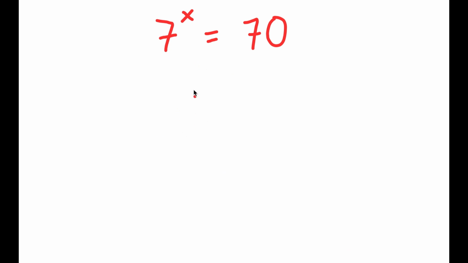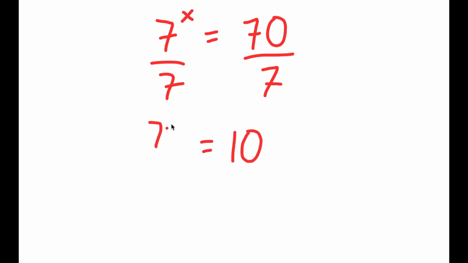Alright, so in this problem, I have 7 to the power of x is equal to 7 times 10. So to solve this, I'm going to first start by dividing both sides by 7. So then 70 divided by 7 is 10. So I have 7 to the power of x over 7 is equal to 10.